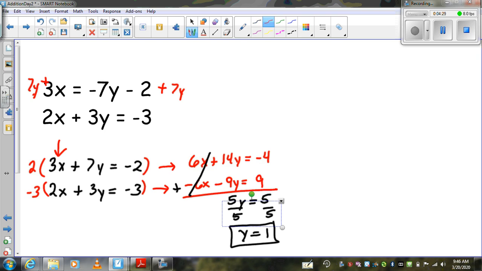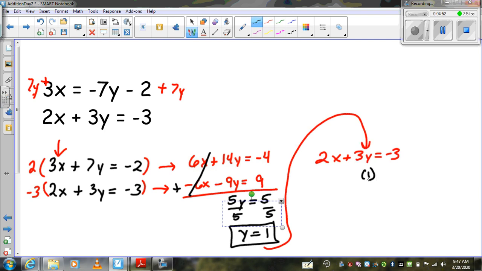Now the rest is just like what we've been doing in the past, which is to take any one of these equations. So you have either one of these top equations right here, or the one that I rewrote. I think I like the bottom equation. So I think I like the 2x plus 3y is negative 3. And I'm going to put that 1 right in there. So remember, this is ESA, not once, but twice.